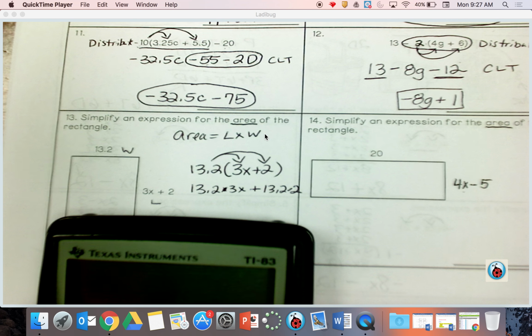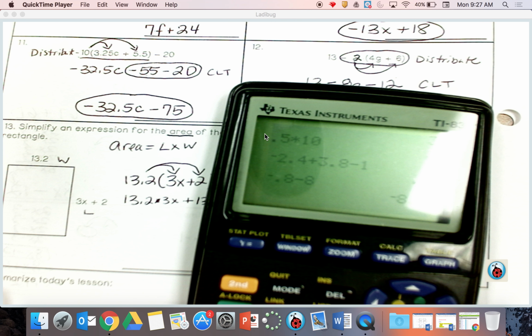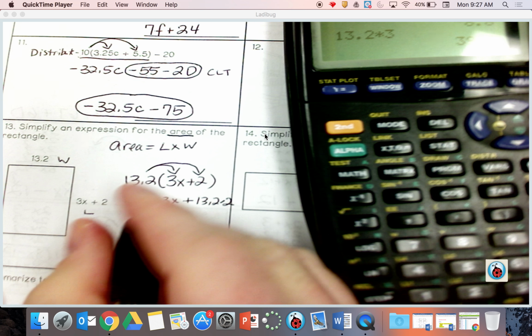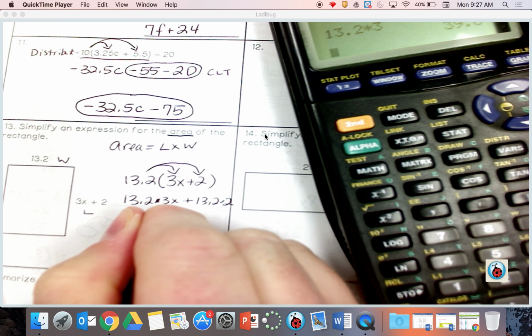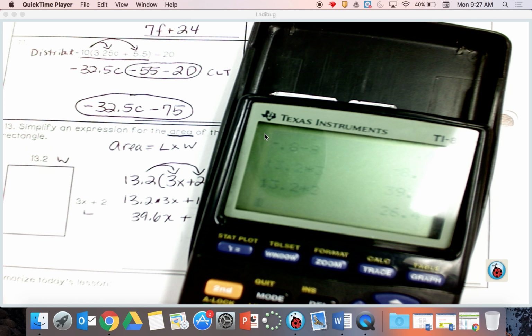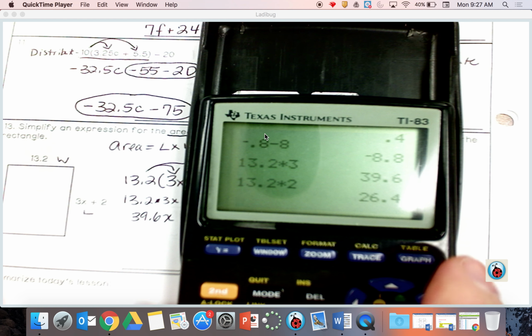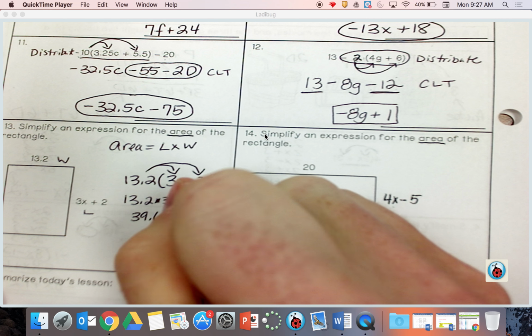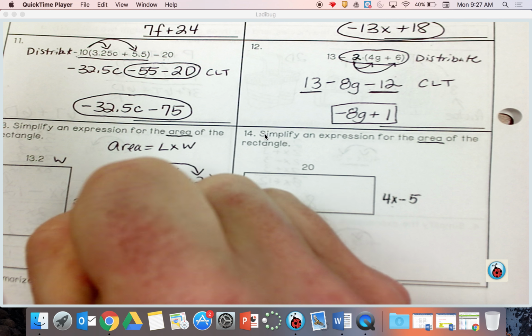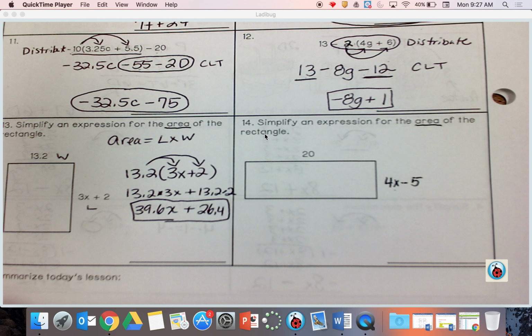I can use my handy dandy calculator to help with that multiplication. 13.2 times 3 is 39.6 with the variable x, and then 13.2 times 2 is 26.4. And that is my expression for the area of that rectangle.